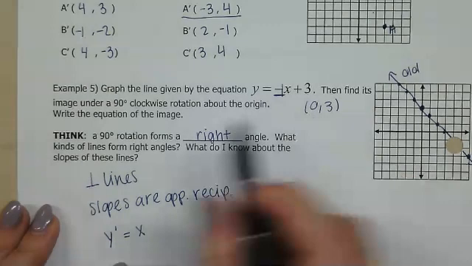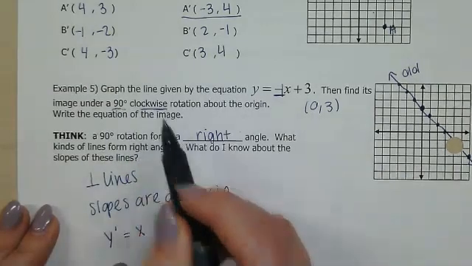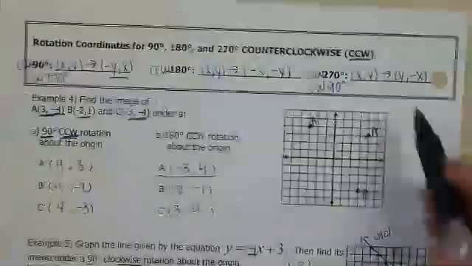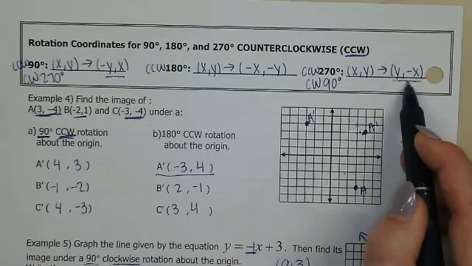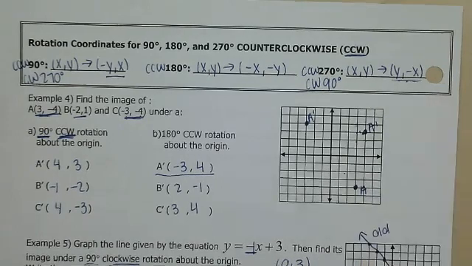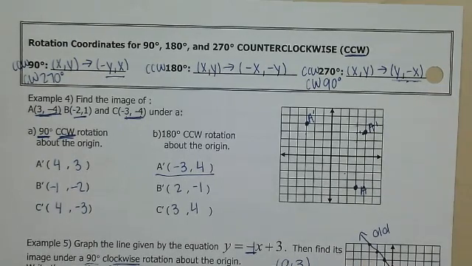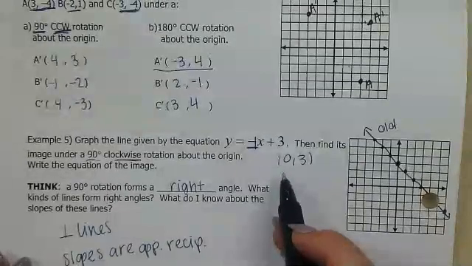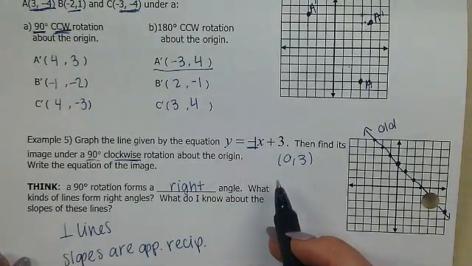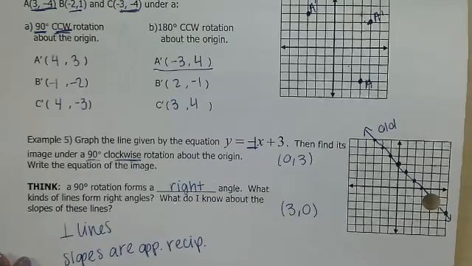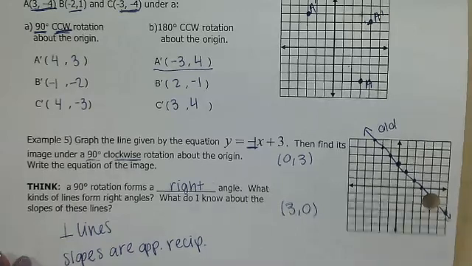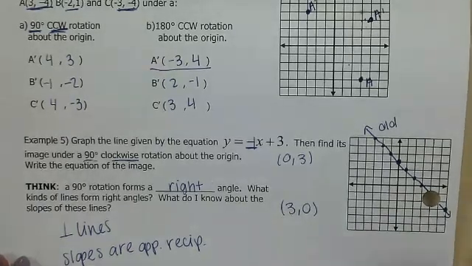Okay? And if I go 90 degrees clockwise, remember that's the same as 270 counterclockwise. So it says this is going to be the change I make to my point. Well, if my point was (0, 3), it says I switch them and I change the sign of x, right? So my x is 0. So if I change its sign, it doesn't really change, right? It would just become the point (3, 0). All right.